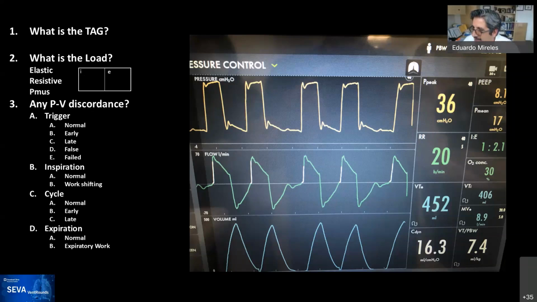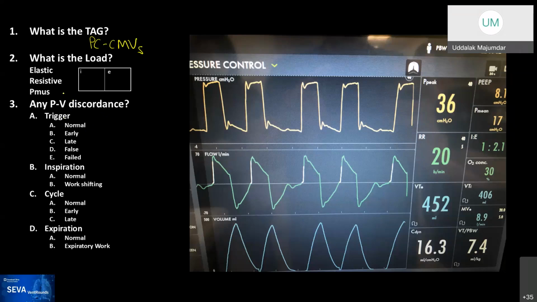Good, Eadi here. Okay, Eadi, go for it. So the tag will be PCCMV, I'm going to say S. Load, looking at the flow waveform.